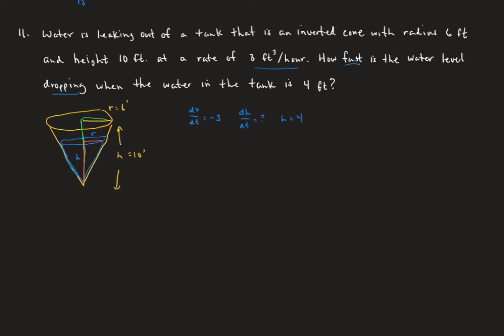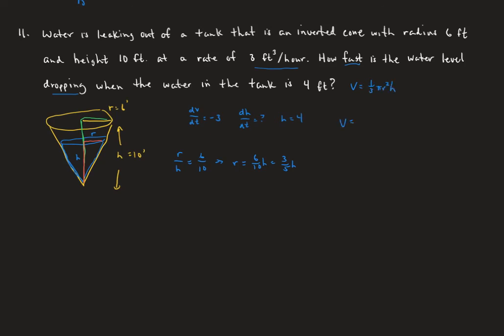But they are similar triangles, which means their sides are proportional. So r over h is going to equal 6 over 10, which means that r is going to be 6 over 10 times h, or if we reduce, we can make the numbers a little nicer and say r is 3/5 h.